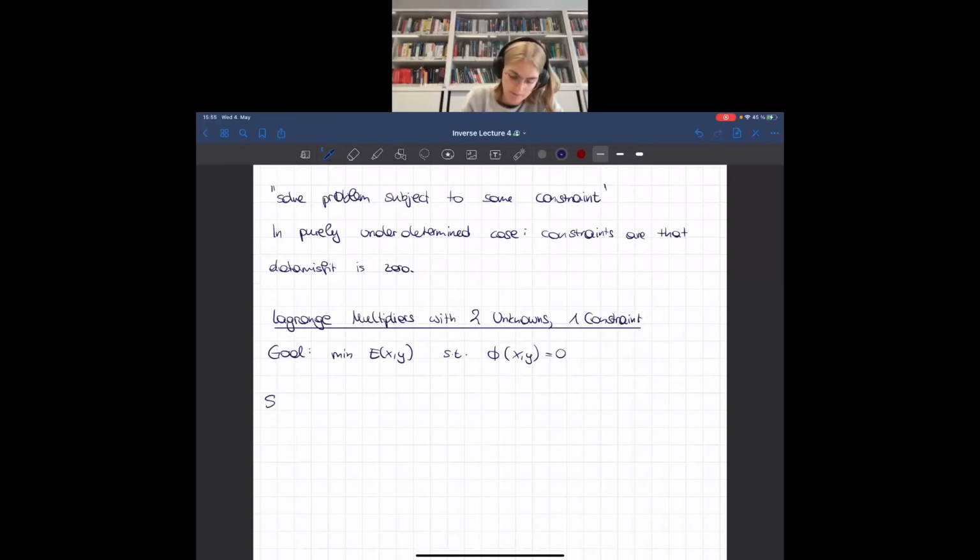Step 1. We build the derivative of E. So we have partial derivatives with respect to x and then with respect to y. And this thing here should obviously be 0.